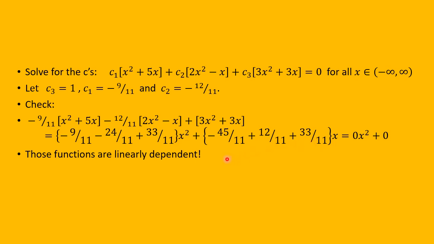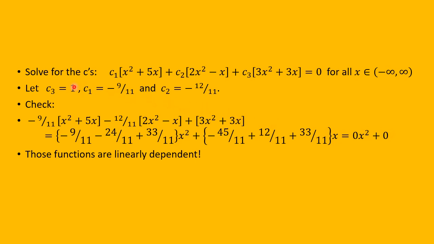Now, if you look at this, what do these two coefficients turn out to be? Well, minus 9 minus 24 plus 33 is 0, so this is 0x squared. And minus 45 plus 12 plus 33, the coefficient of x, is also 0. So we get 0x squared plus 0x.